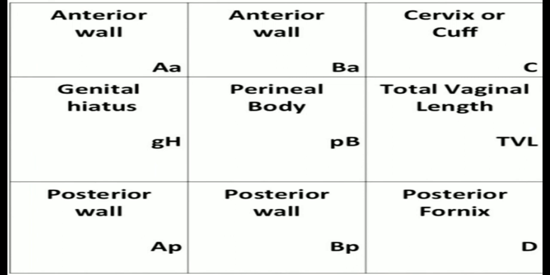We make certain lines, two horizontal lines, two vertical lines, to make a total of 9 boxes, and you can see the position of each: Aa, Ba, C, genital hiatus, perineal body, total vaginal length in the middle portion, and then we have posterior Ap, Bp, and D. So in this way we explain the grid, and it is internationally recommended.